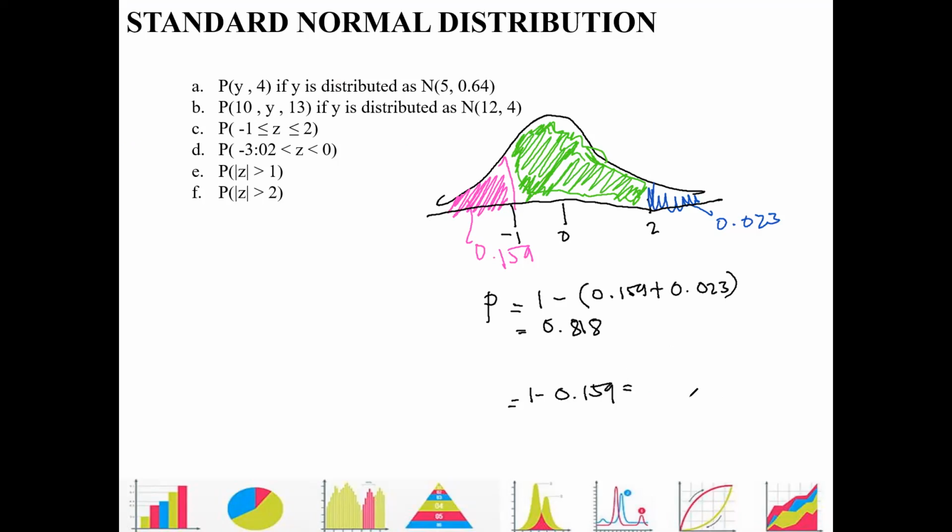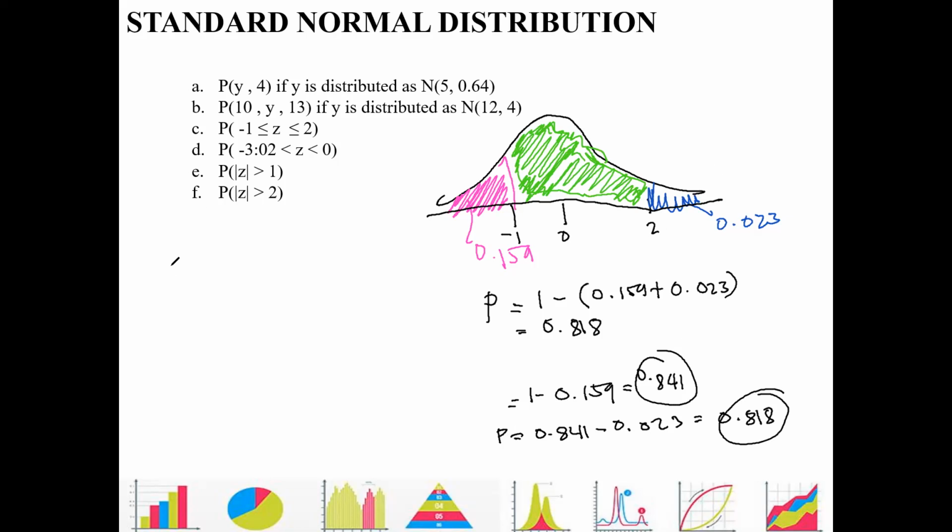So 0.159 is 841. 0.841. Yung 0.841 na yon, isa-subtract na natin siya sa 0.023, which is equal also to 0.81. So ito yung first method, ito yung second method. So mas madali siya.